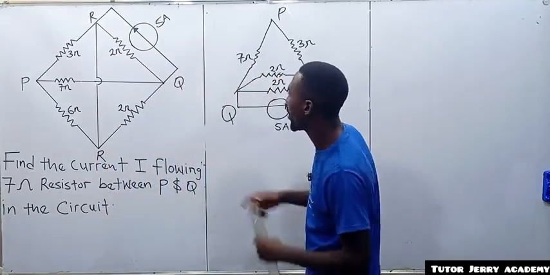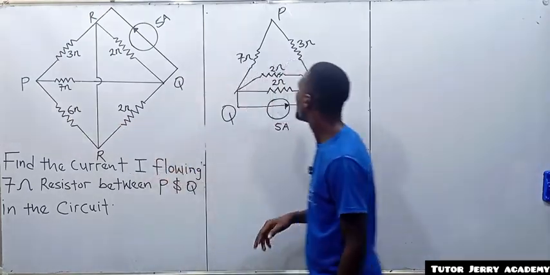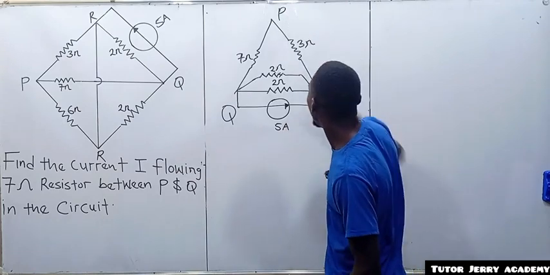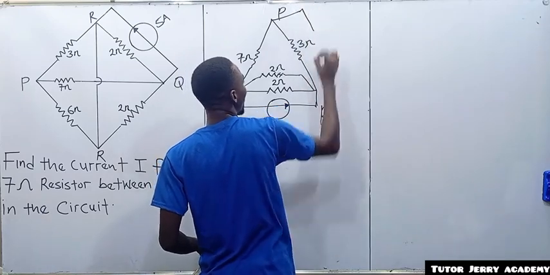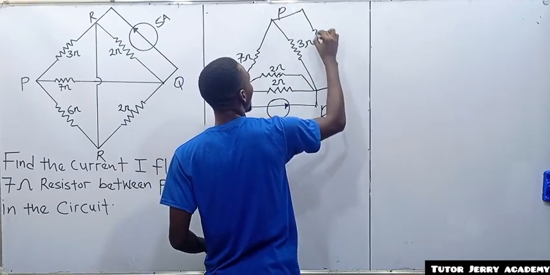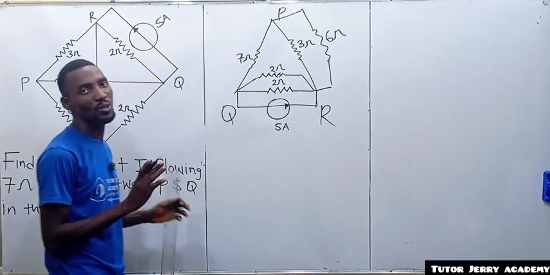And again we are having 6 ohms between P and R, so we can connect this like this, 6 ohms. So this is how the diagram is going to look.